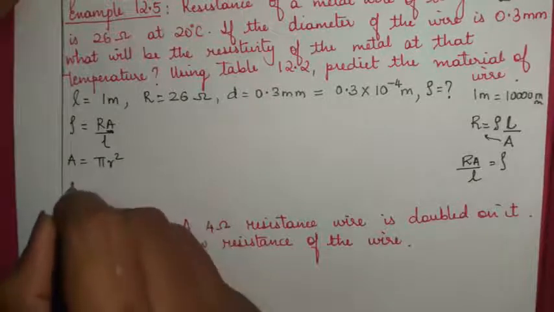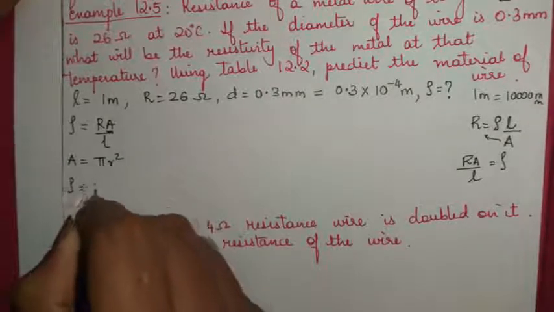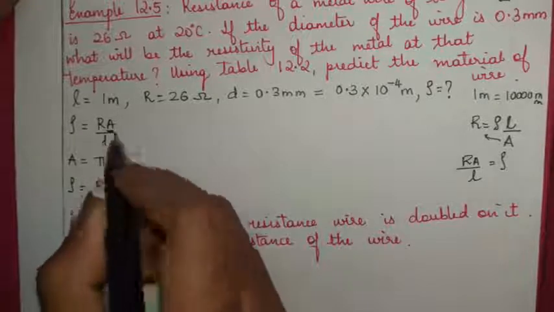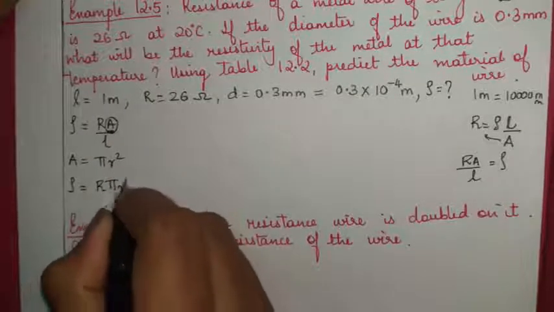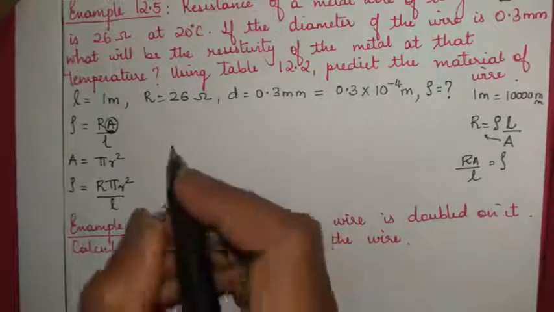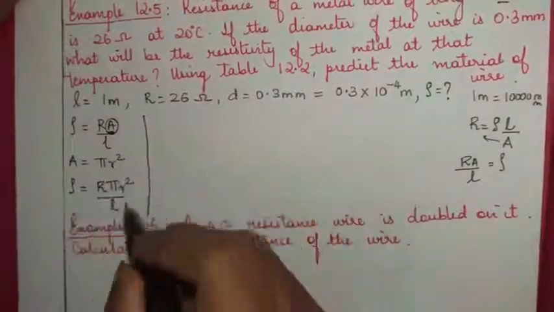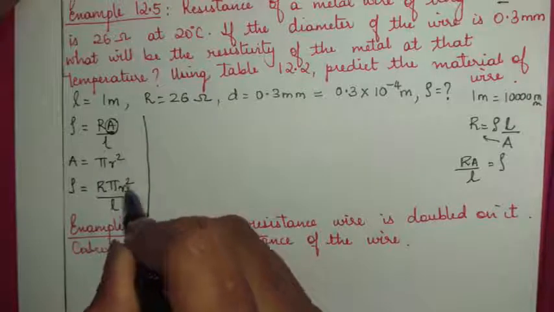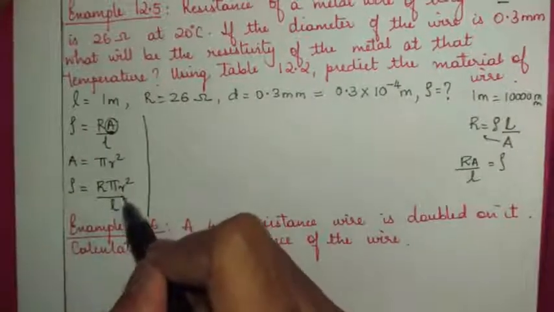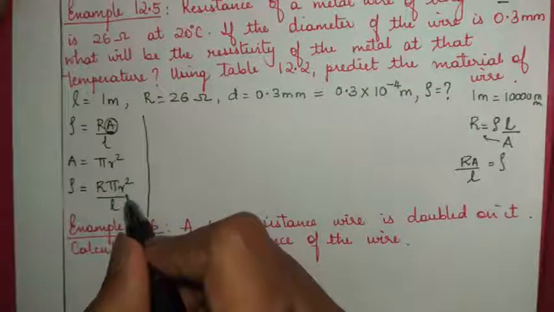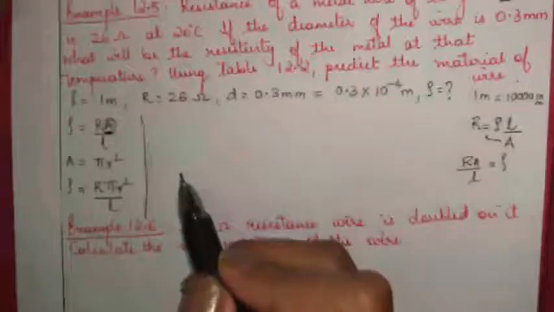Now if you substitute again, you will get rho is equal to R, and instead of A, I will put pi r square upon L. Okay, we are not yet done. We are not given r anywhere, but we are given d. D is diameter, r is radius. So r is half of diameter.